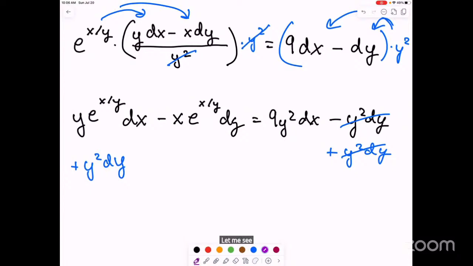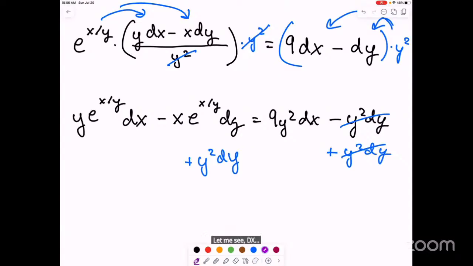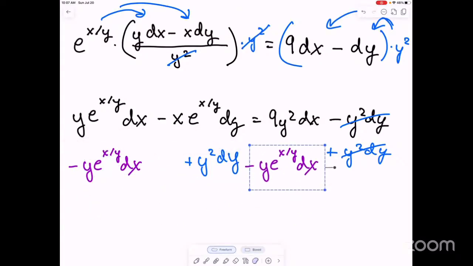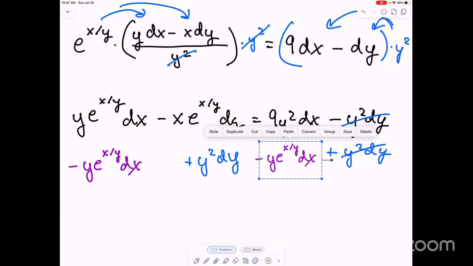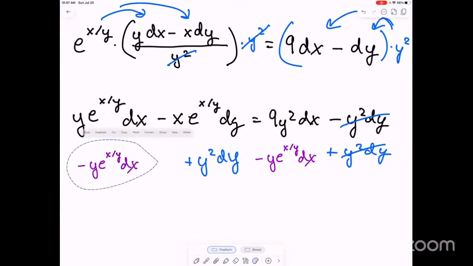Then I'm going to subtract this dx, so it's just minus y e to the x over y dx. I'm going to subtract that from both sides. So on the left, these guys are going to cancel.